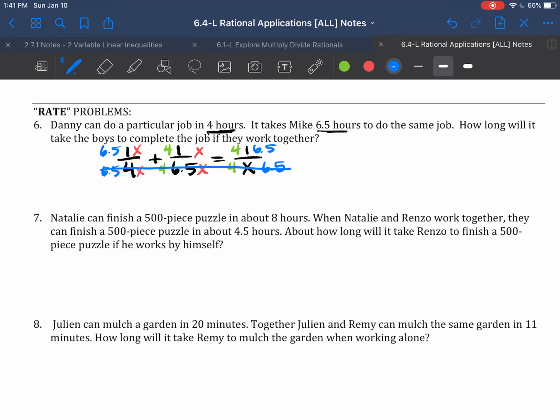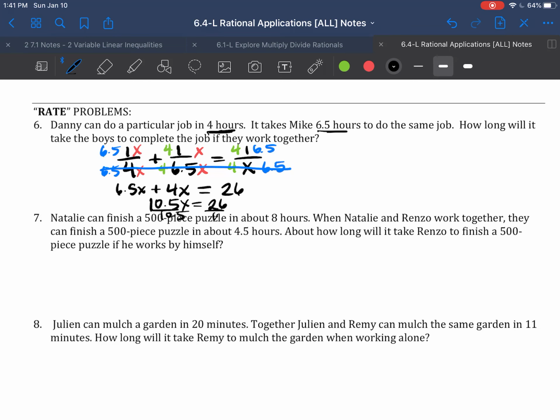And so that leaves us with 6.5x plus 4x equals whatever 6.5 times 4 is, 26. Both of these have x's, so that's 10.5x equals 26.